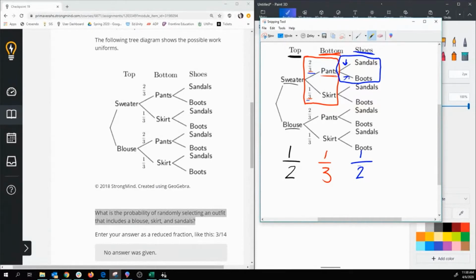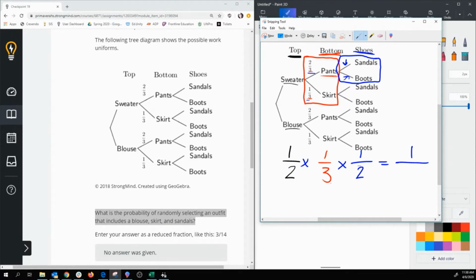All right, perfect. So now all that we have to do is multiply our probabilities together, because since we have the word and in our problem, that tells us that we are multiplying. So when you multiply fractions, you multiply straight across the top, straight across the bottom, right? So 1 times 1 times 1 just gives us 1.